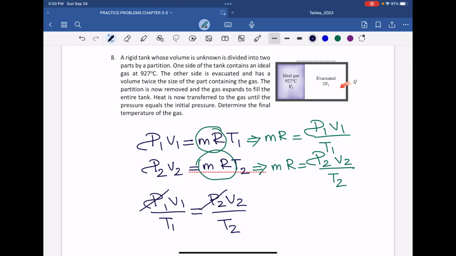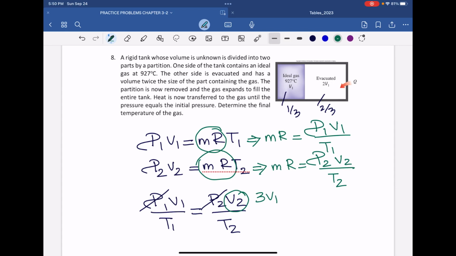And they also give us information about the volume, because this is 1/3 and this is 2/3. So that means V2 is equal to 3 times the initial volume. So instead of this, you can write 3V1.